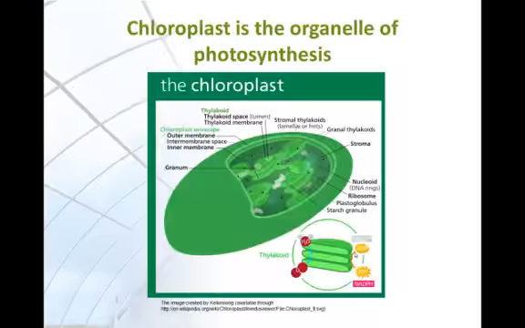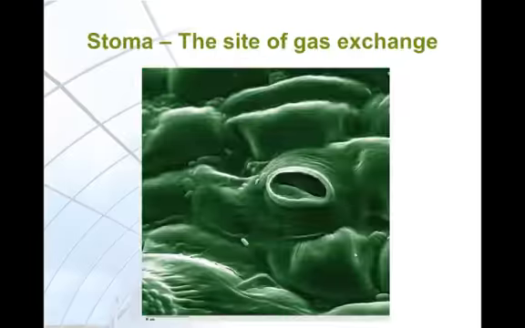So photosynthesis is a process that requires CO2, and the site of photosynthesis in the plant is the chloroplast. So CO2 gas needs to reach this chloroplast, the photosynthetic site. And the entrance for CO2 gas is called stomata.